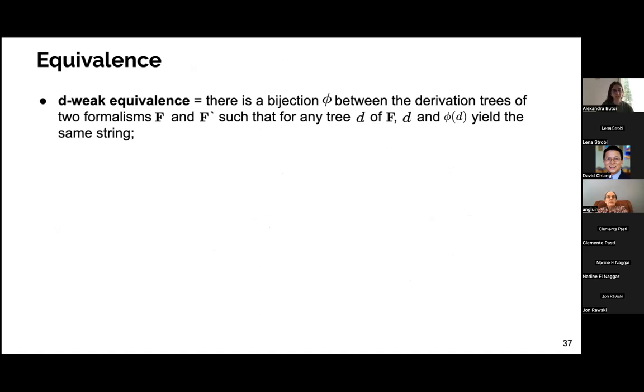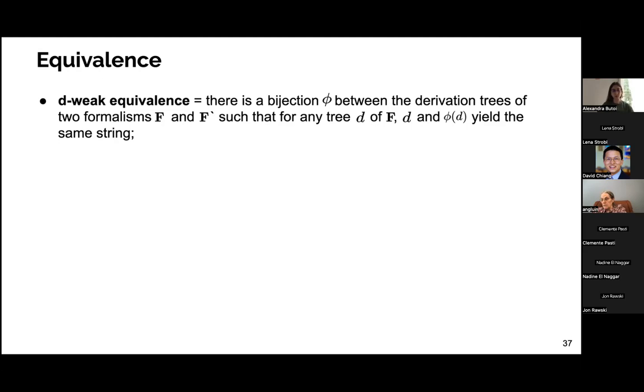So I was mentioning the new notions of equivalence. The most common ones are weak equivalence, which just means that two formalisms produce the same language or accept the same languages, and strong equivalence, which if you think of strong equivalence in the context of context-free grammars, you need the grammars to produce the exact same trees in order for two grammars to be strongly equivalent.